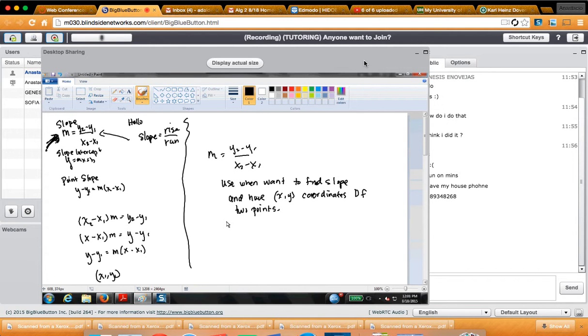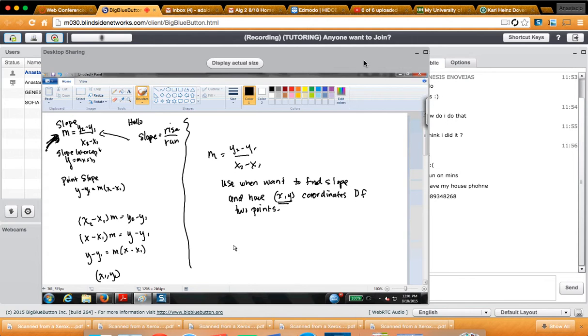So the first one is m equals y2 minus y1 over x2 minus x1. And really this comes from slope equals rise over run. That's really all it is. You want to use it when you want to find the slope and you have the x, y coordinates of two different points. Now, I might not give you the two points and make it easy for you.